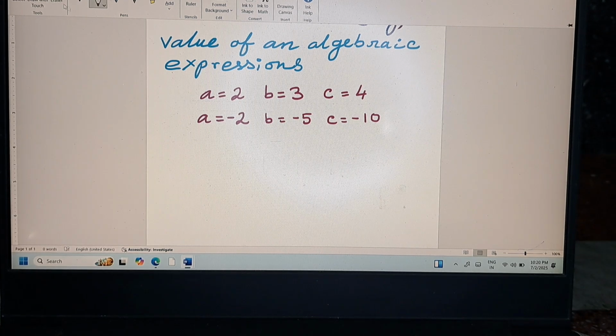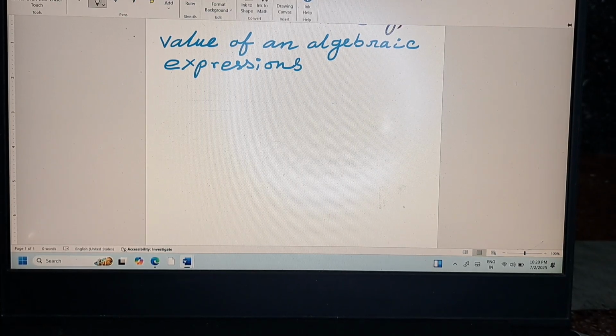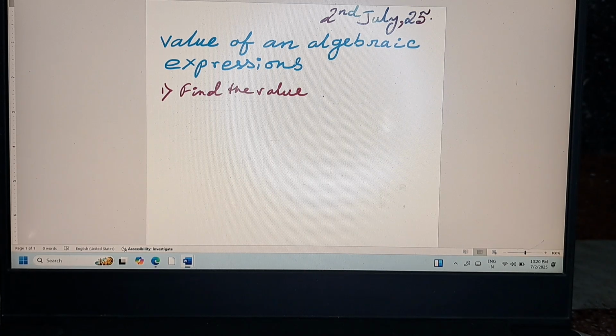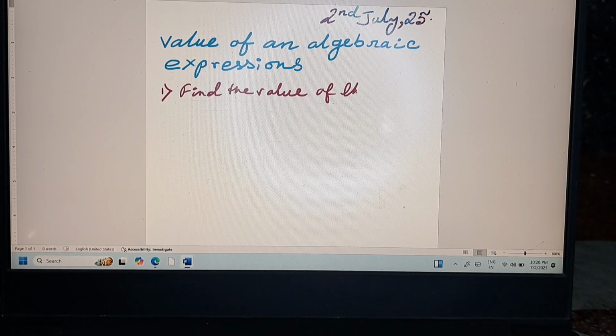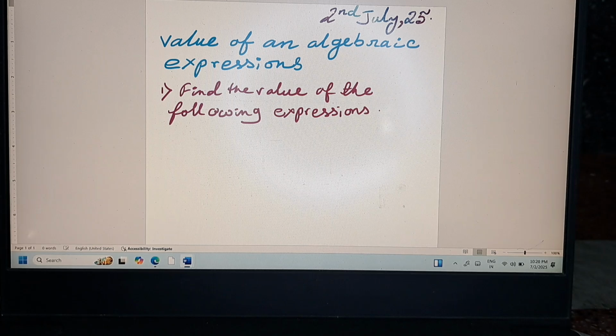So let us take an example. The first sum, number 1: find the value of the following expression for n.